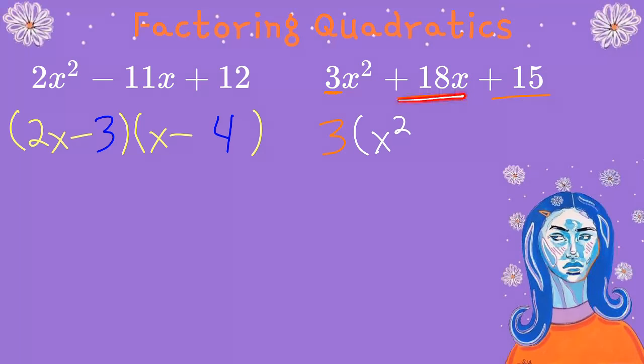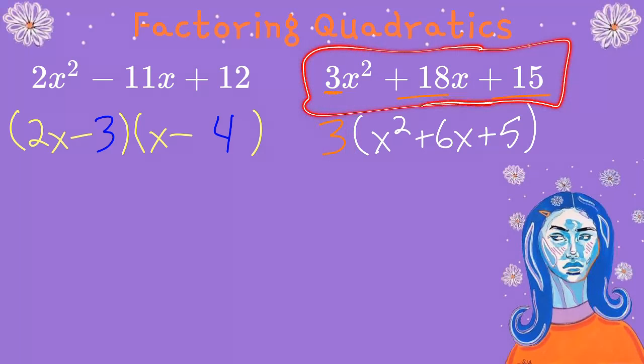Then I divide this by 3, and I get 6x. And I divide this by 3, and I get 5. So my first step here was factoring out the 3 because each of these values are divisible by 3. So this expression is equal to that expression.